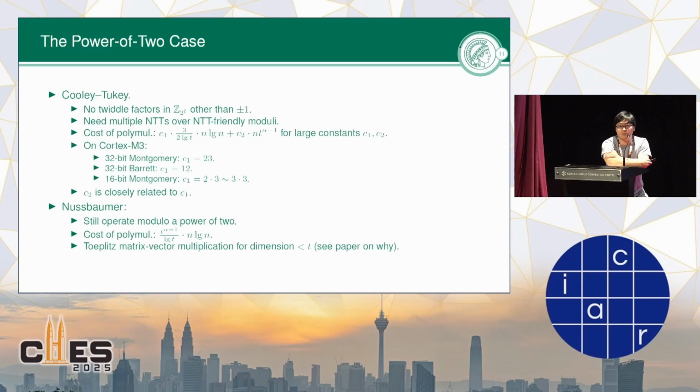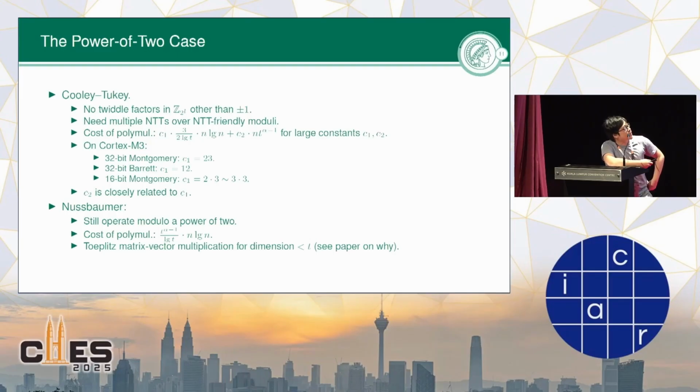And if we apply multiple NTTs, then we need to multiply the cost analysis by a certain platform-dependent constant. Other approaches, the large NTT-friendly approach, also amount to multiplying the cost with a reasonably large constant.